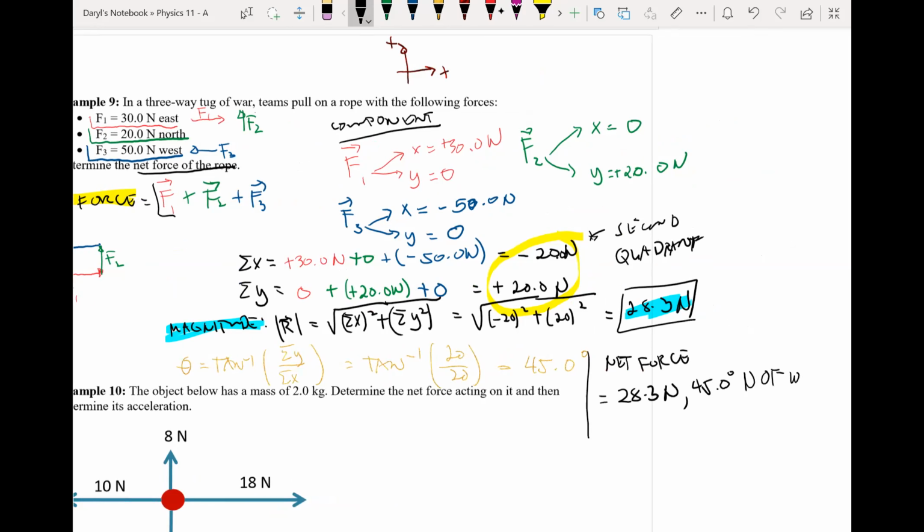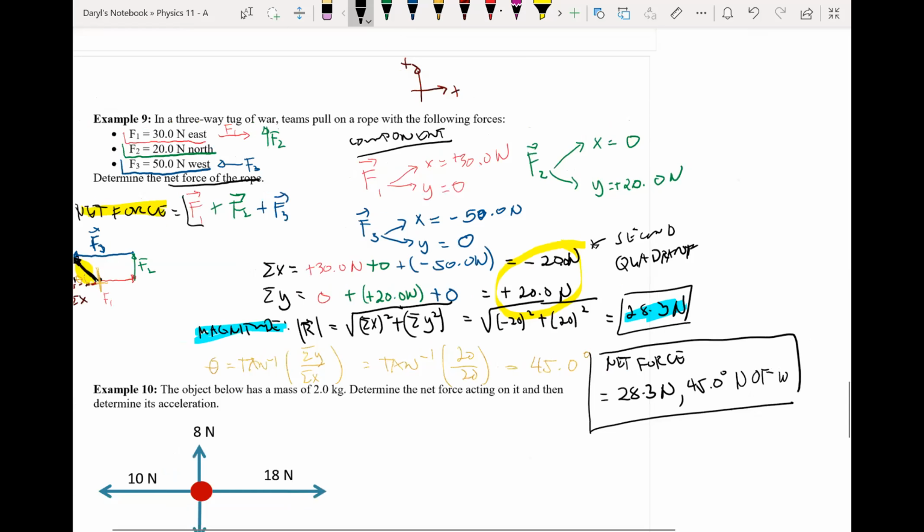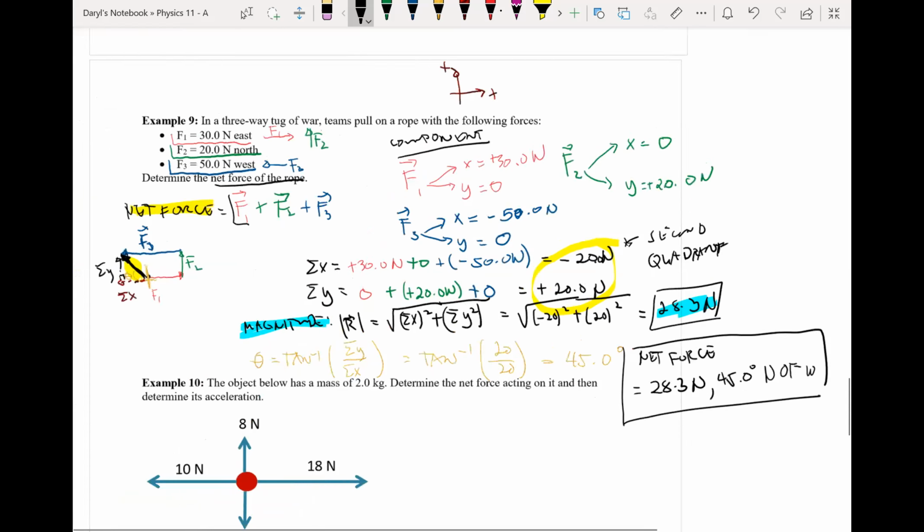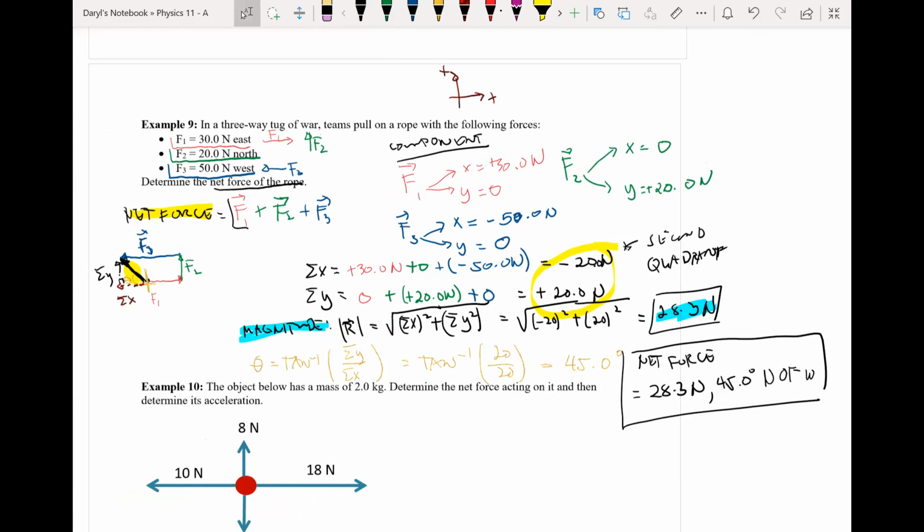So this would be the final answer. And yeah, it's 45 degrees north of west. Or sometimes if it's 45 degrees, you just say north of west. That would be acceptable, or even west of north, because anyway, it's just in the middle between north and west.